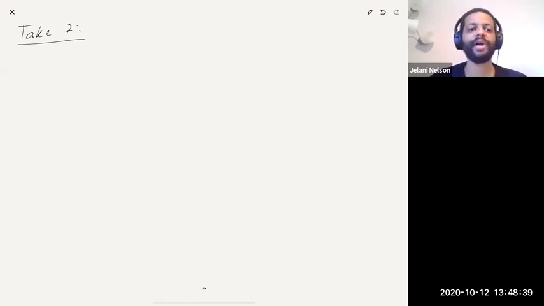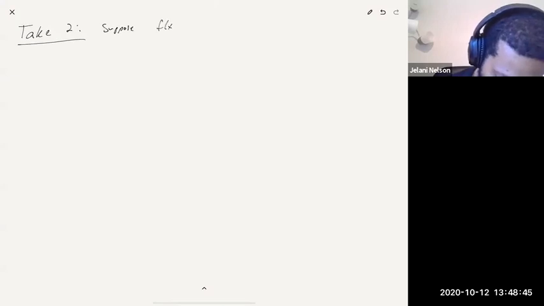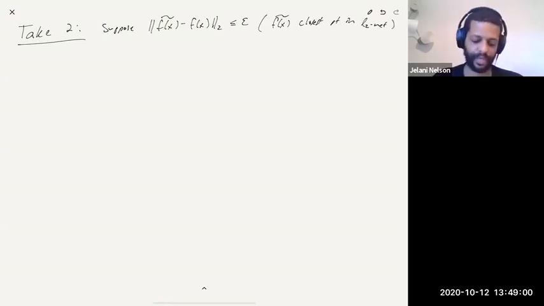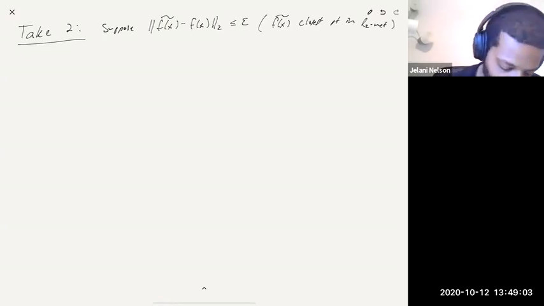So now let's instead round to an L2 net. Suppose that I round so that the L2 norm of f(x tilde) minus f(x) is at most epsilon. Here, f(x) is the closest point in an L2 net. Okay, then what do I have?